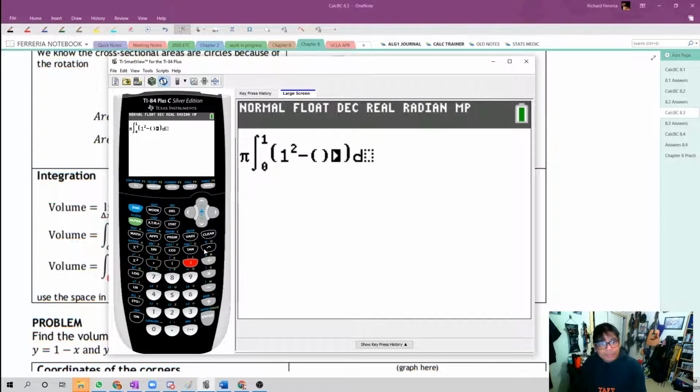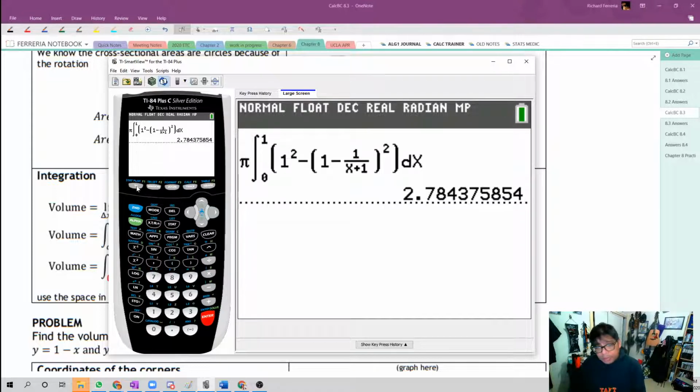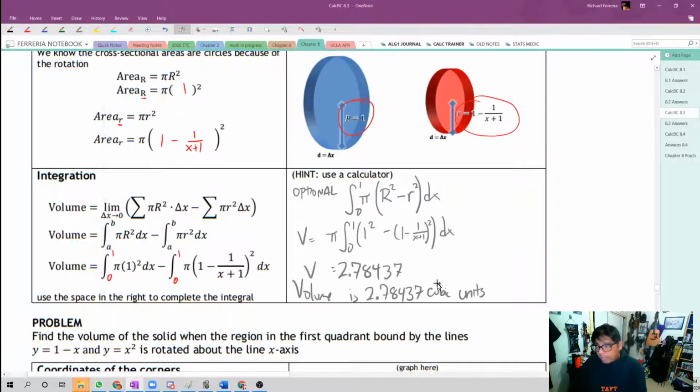Minus something else squared, and what is going to be squared is 1 minus 1 over x plus 1, the whole thing squared, dx, and that should give us a result pretty quickly, 2.784. So we've got the volume is 2.78437 cubic units.